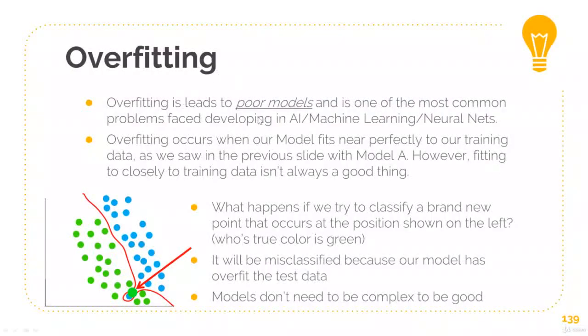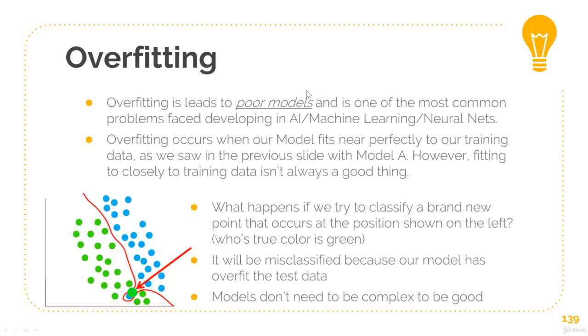Overfitting is what leads to poor models, and is one of the most common problems faced in AI, machine learning, and neural nets. It's a problem I face continuously when training my convolutional neural nets. It always tends to overfit on the training data, and we will experience that later on in this course.